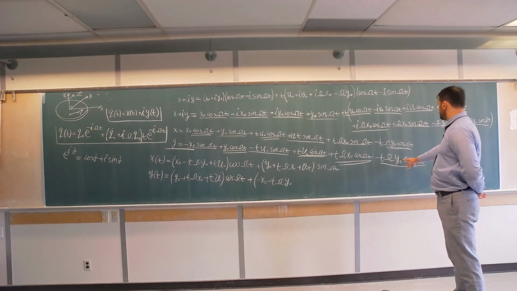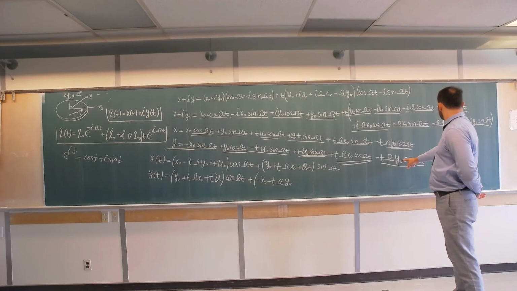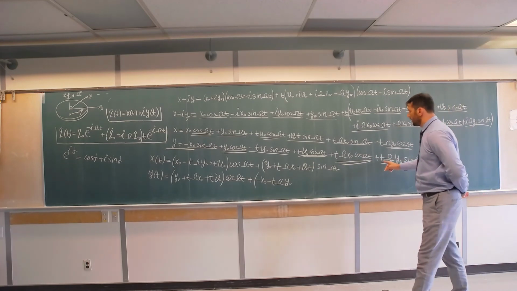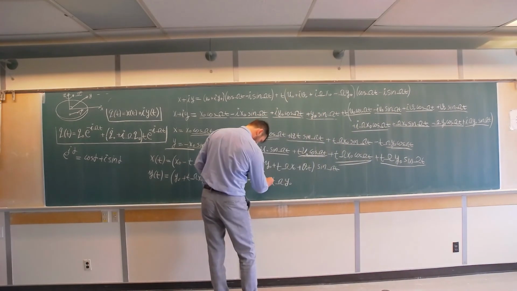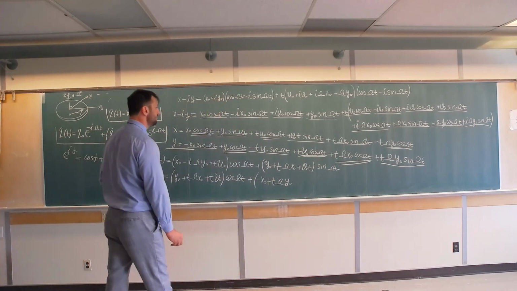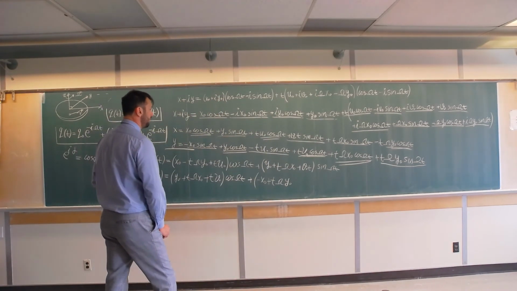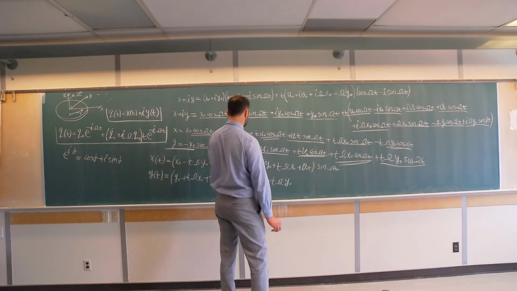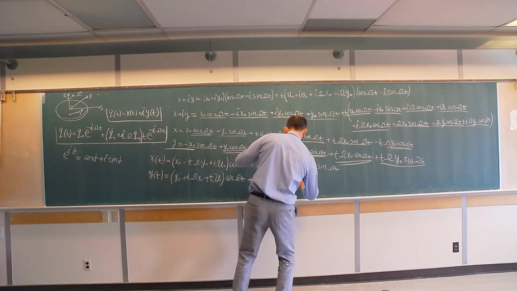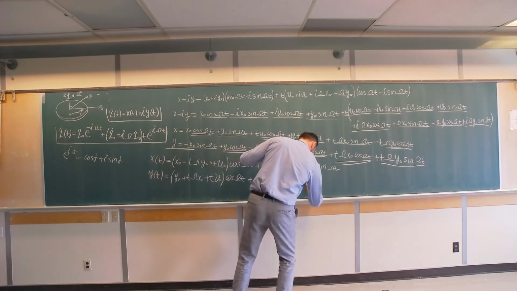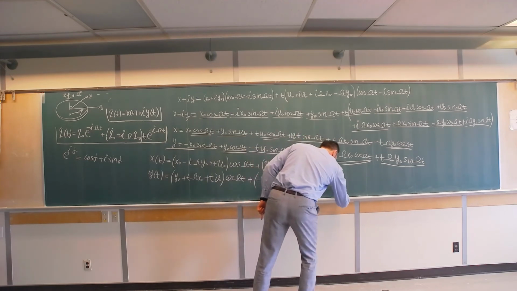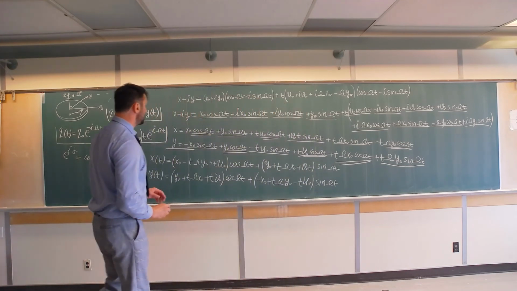So omega y naught, this should be plus over here, but that also means, therefore, that this should be plus over here. And the last term next to sine is this one, minus t u0 sine omega t.